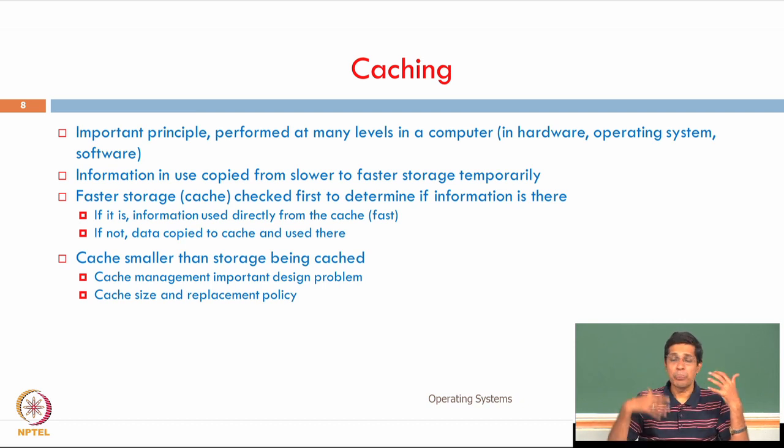The way a programmer's mind works automatically resolves into what we call temporal and spatial locality of reference. So when I access an address A at time t, the probability that I will access A at time t plus delta t is very high. The probability that I will access an address very close to A in the next delta t time is also very high, and this makes caching a very important aspect.